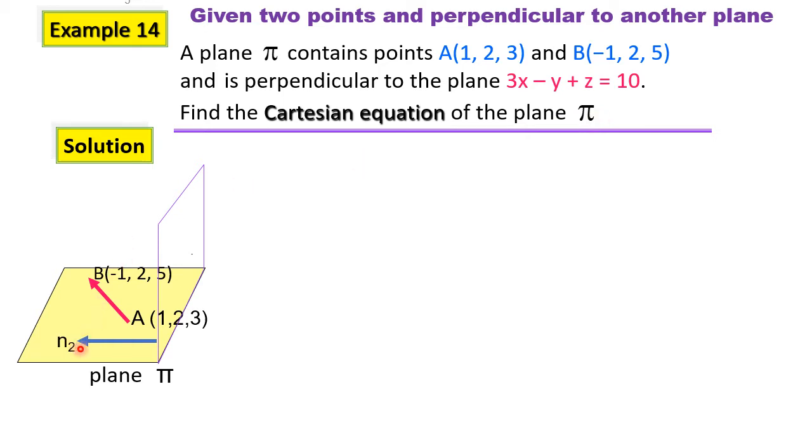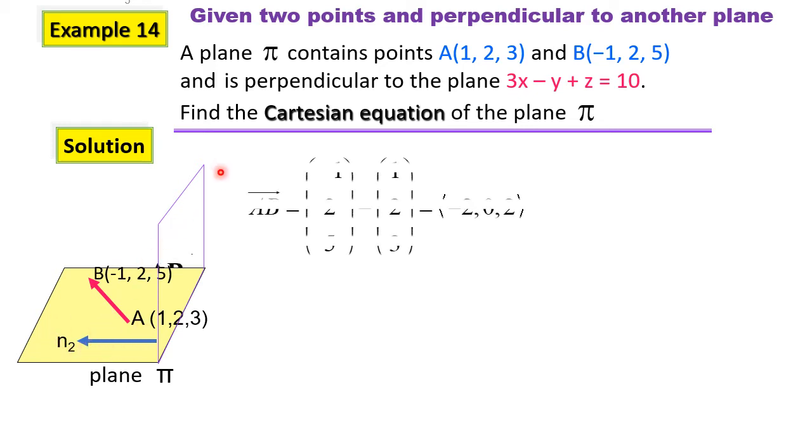So I already sketched the diagram here. This is our plane, the yellow one. The perpendicular one here is another plane. From the other plane we will get n2. And from the two points, point A and point B, we can connect and find out vector AB.